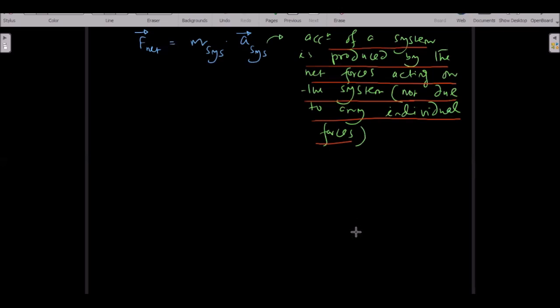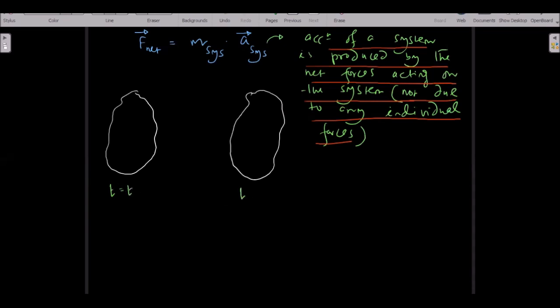Now you see one thing. I'm again roughly drawing the diagram. Suppose this was my system. I do not know how it looked, but I'm just taking a rough representation. So this is at t equal to t, and this is at t equal to t plus delta t. This is Vi vector, and this is Vf vector.